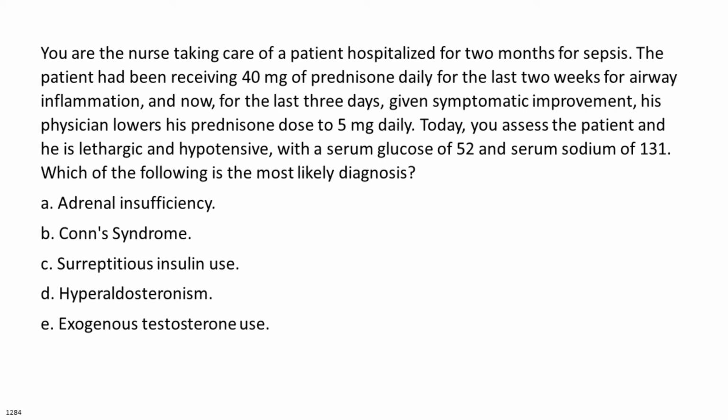Today, you assess the patient and he is lethargic and hypertensive, with a serum glucose of 52 and serum sodium of 131. Which of the following is the most likely diagnosis? A. Adrenal insufficiency. B. Conn's syndrome. C. Surreptitious insulin use. D. Hyperaldosteronism. E. Exogenous testosterone use.